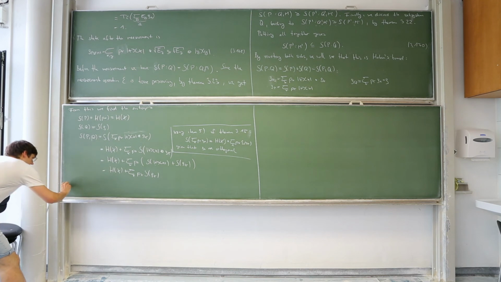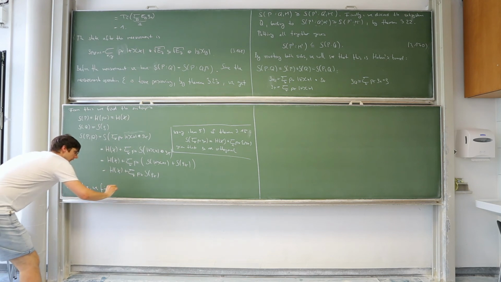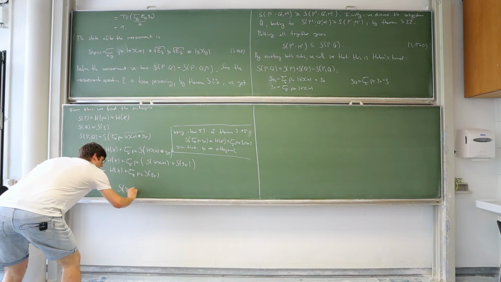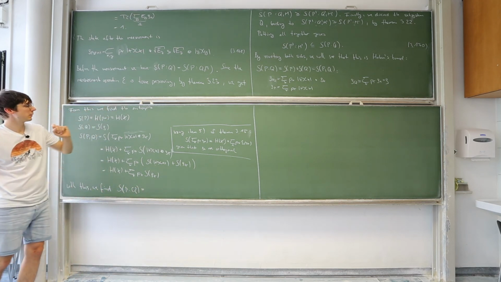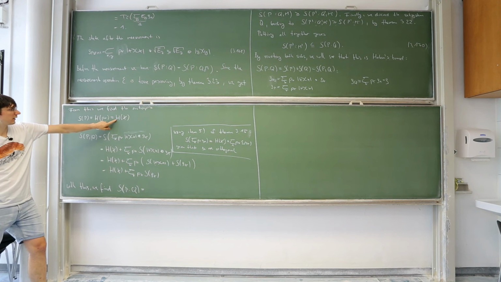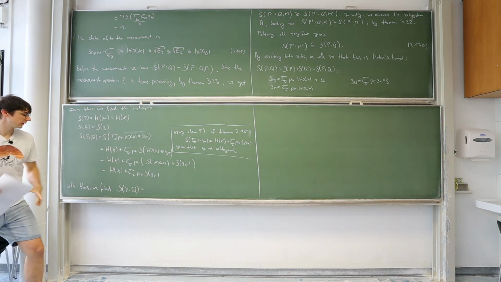So with this we find that the mutual information of P and Q. So let's plug this in, S of P plus S of Q minus this minus this. So we see that the H of X cancels, and what remains is S of rho minus this one here.